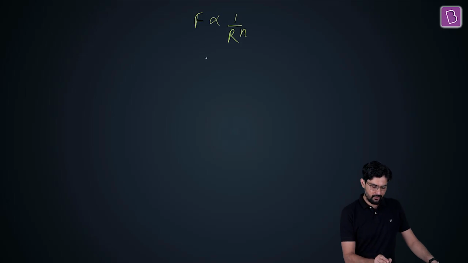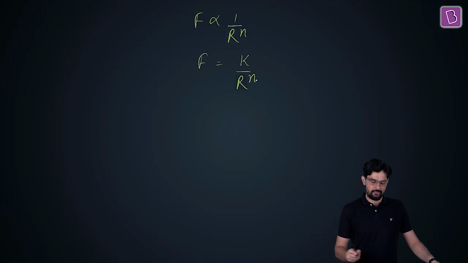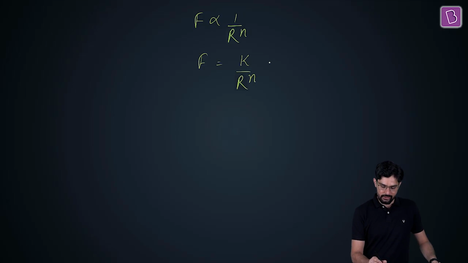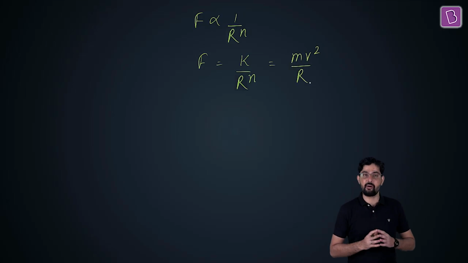In this case, it is given that F is inversely proportional to r raised to the power n. Let's assume that the centripetal force is equal to some constant divided by r raised to the power n. And if this is a centripetal force, then you know this is going to be equal to mv square by r, where m is the mass of the particle, v is its speed, which remains constant, and r obviously is the radius of the circular orbit.